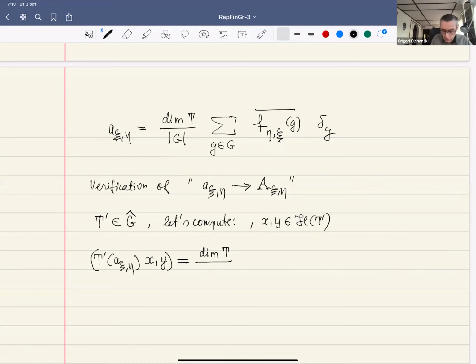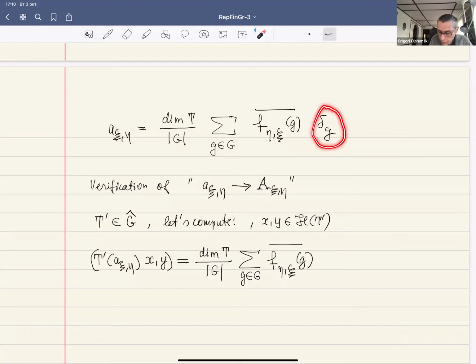So what we get is as follows, and then the sum as before, and this, and now instead of this, we have to take another matrix coefficient.